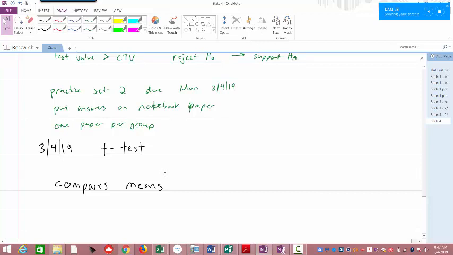What a t-test does is it looks at, you're still on the green sheet. What it's doing is it's comparing the means and is the difference significant?